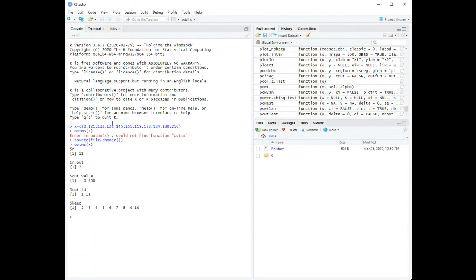Again, consider the following variables. Verify no outliers are found using the classic outlier detection rule. Hold on a second.